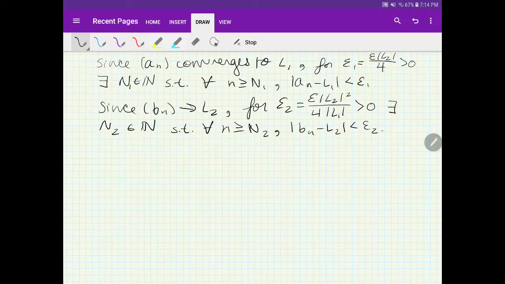So this stuff is super useful because now we're going to do some substitution. So we're going to let N equal the sup of n1, n2.